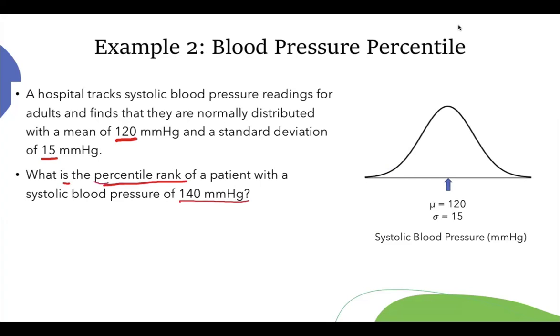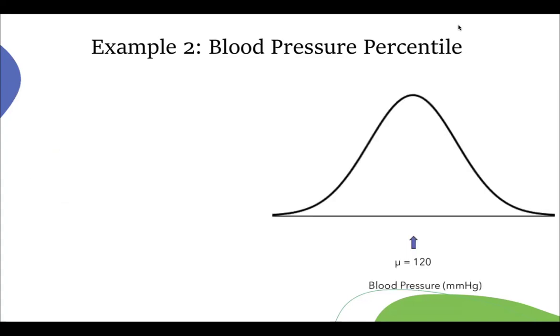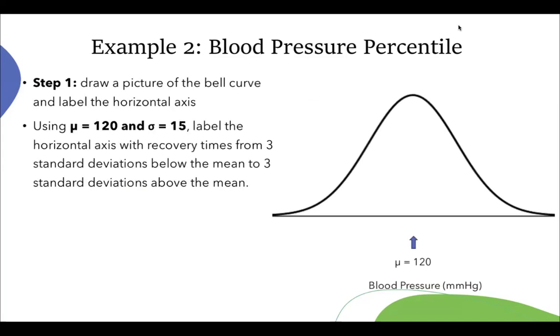So remember, whenever we're asked to find the percentile rank, that means we have to find the area to the left of 140. Let's label the horizontal axis 120 and 15. Going 1, 2, 3 to the right: 135, 150, 165, and to the left: 105, 90, and 75.